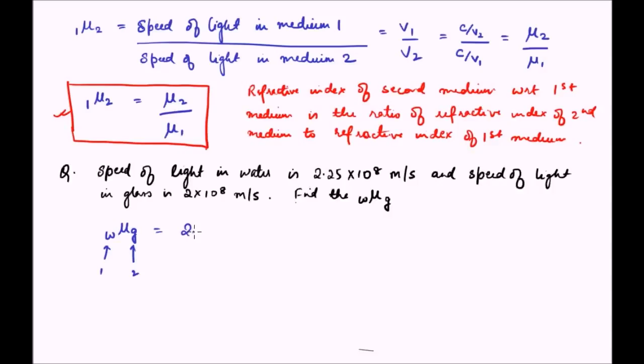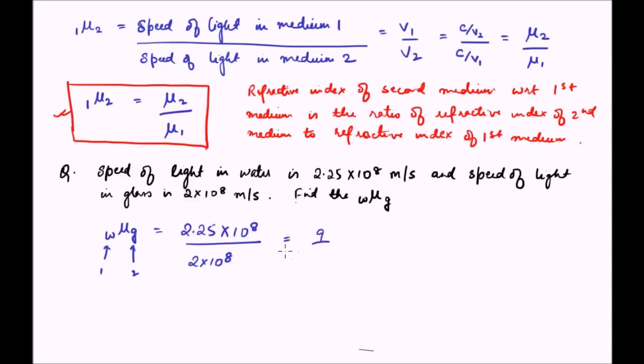Speed of light in medium 1, so speed of light in water, which is 2.25 into 10 to the power 8, upon 2 into 10 to the power 8, which, as we can see, is greater than 1.